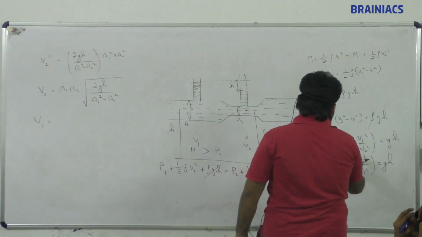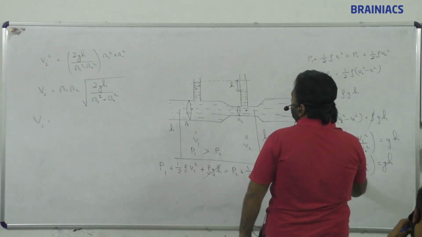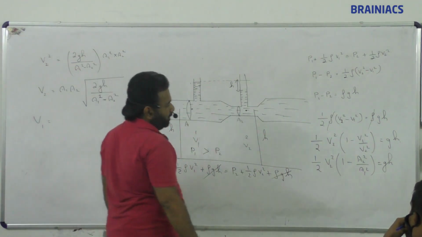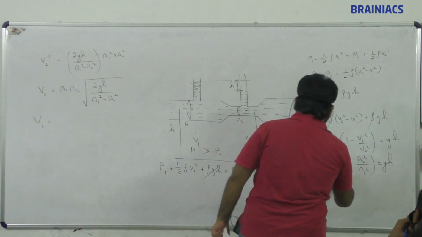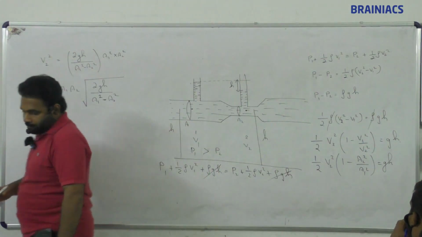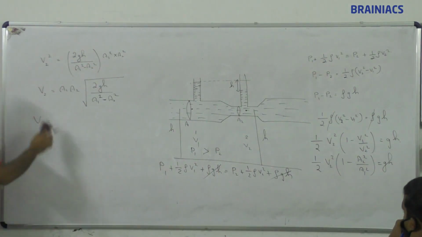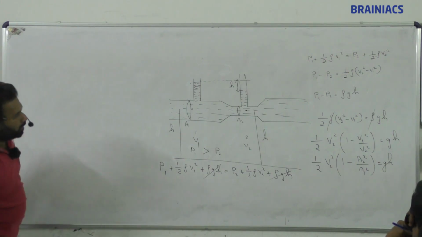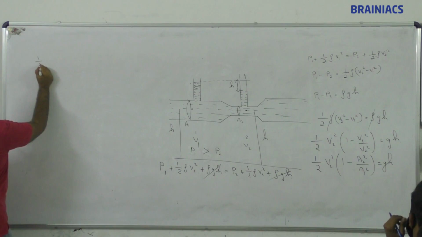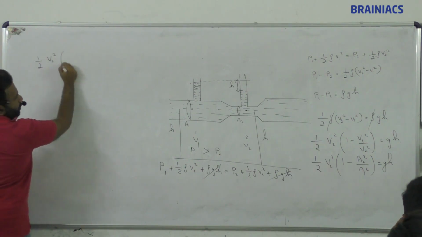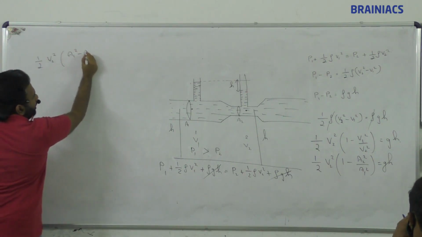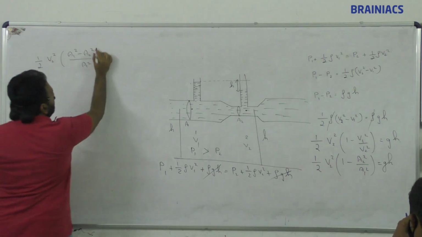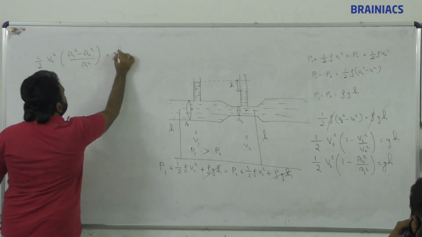So a1 square minus a2 square divided by only a1 square will be there. It will be cancelled off. Okay, so half into v2 square into a1 square minus a2 square divided by a1 square, is equal to gh.